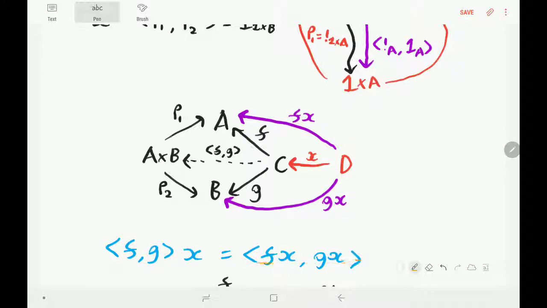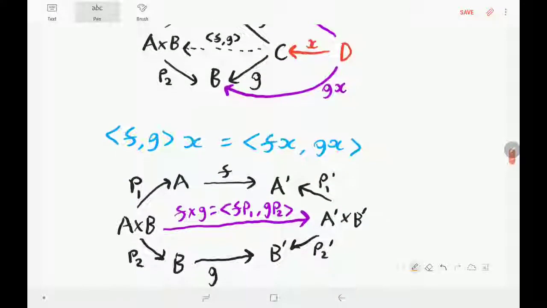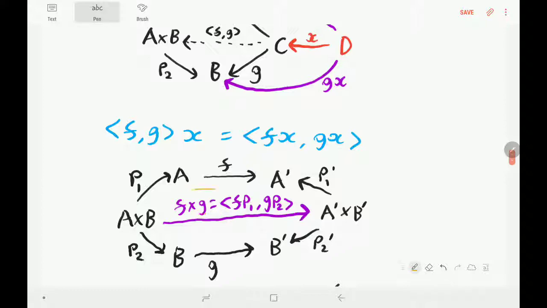So this formula is really fundamental, and we can use that notation again to understand what the product of arrows is. Let's say we have an arrow F from A to A dash and an arrow G from B to B dash.